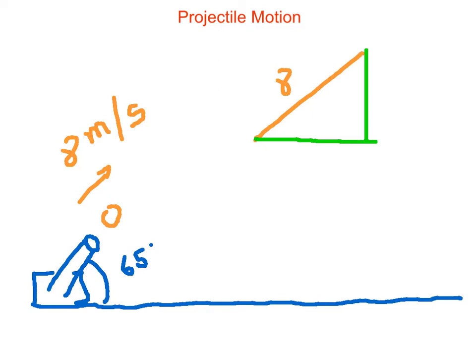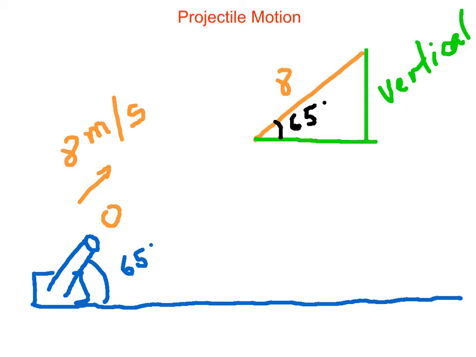Let's call it just V for vertical component. The other piece of information that we have is this angle, which is 65 degrees.